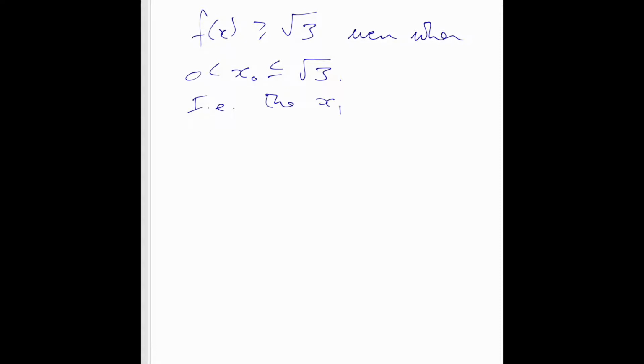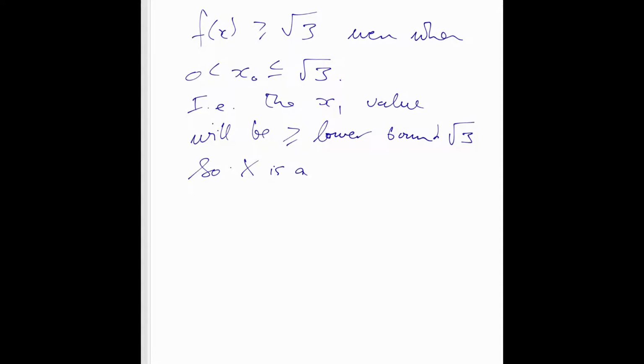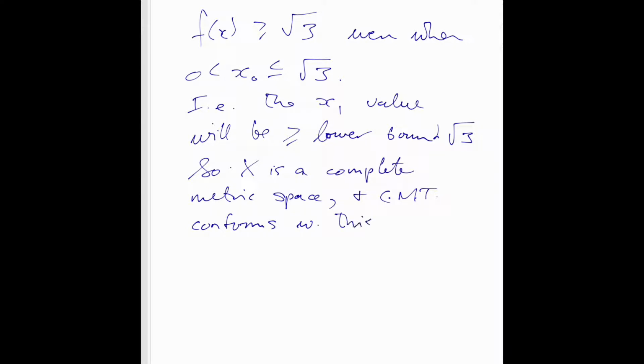That is, the first iterative value x1 will be greater than or equal to the lower bound of square root of 3. So x is a complete metric space, and the contraction mapping theorem does conform to this example in this space.